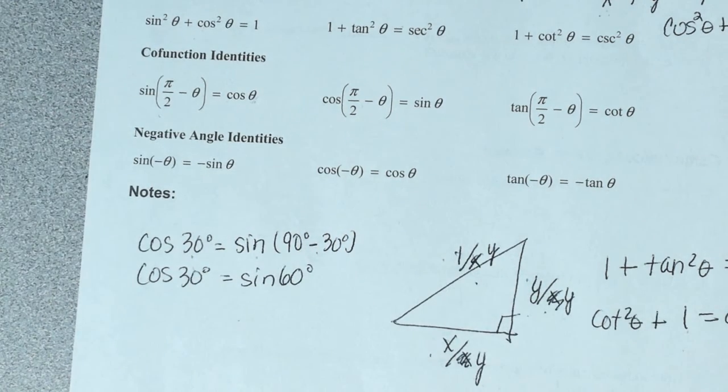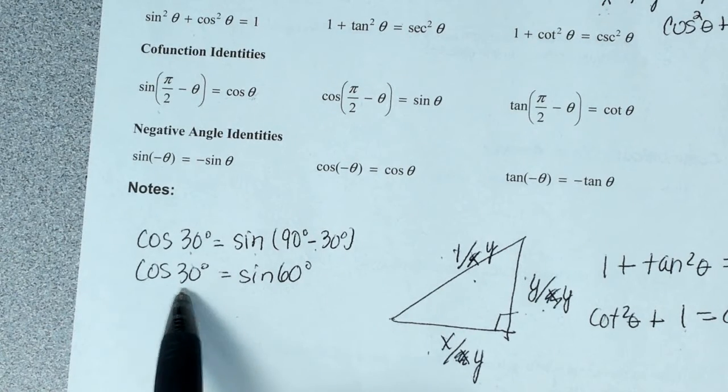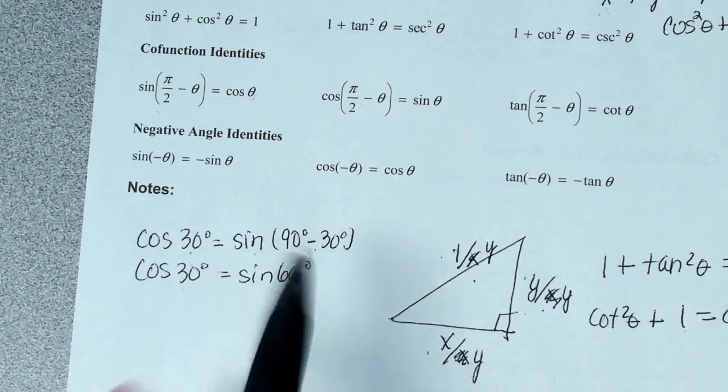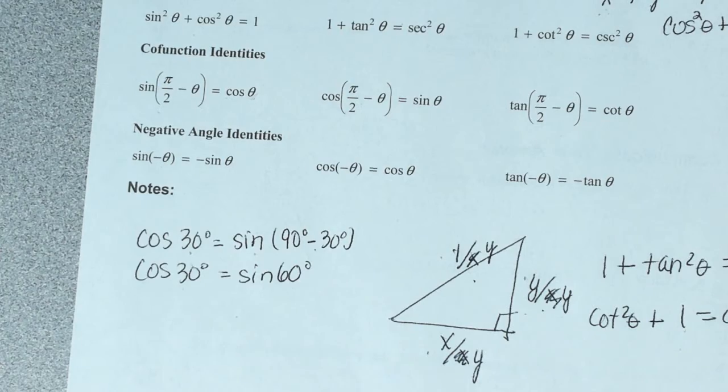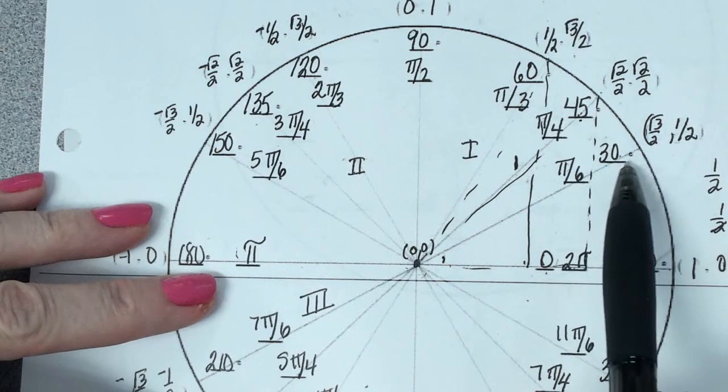Do you guys remember on the unit circle how that was the case? The sine of 60 was radical 3 over 2, and the cosine of 30 was radical 3 over 2. You should have noticed that pattern. I happen to have a unit circle right here. I'll show you what I'm talking about. Right here's 30 degrees.